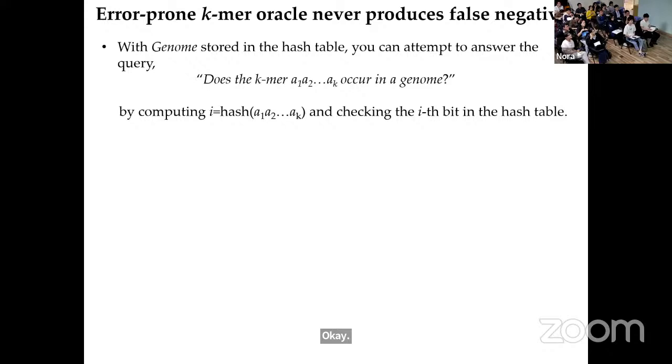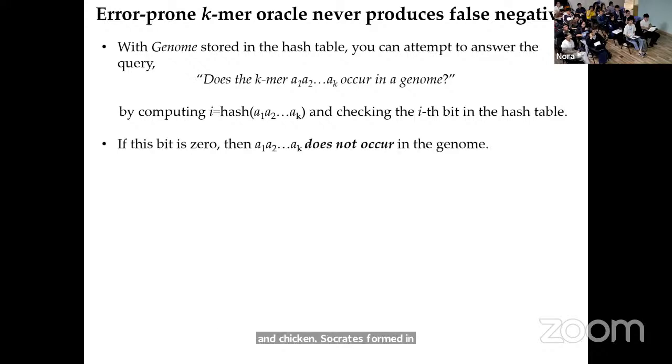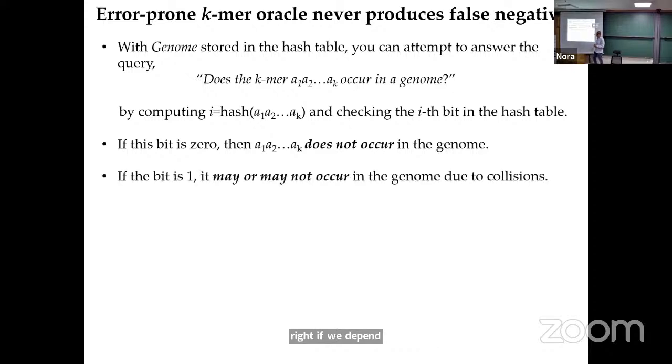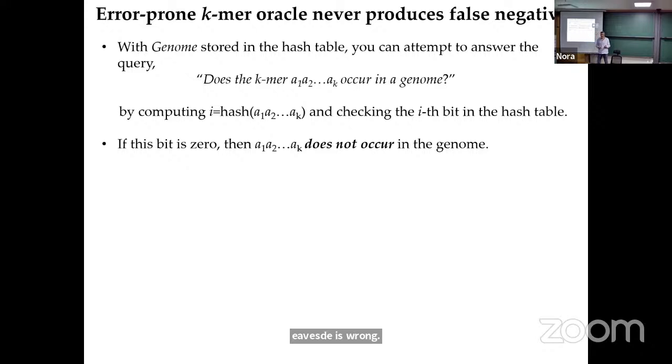And now we can try to answer the question whether a k-mer appears in the genome by computing the hash of this k-mer and checking the corresponding bit in the hash table. If this bit is 0, then the k-mer definitely doesn't appear, right? If it appeared, this bit would be 1. If this bit is 1, does it mean that it appears in the genome?